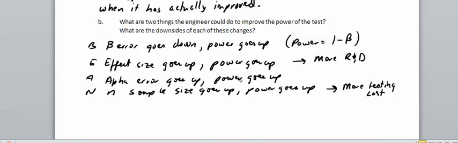Then two things we could accept a greater risk of type 1 error.